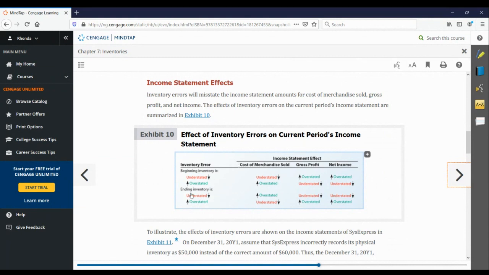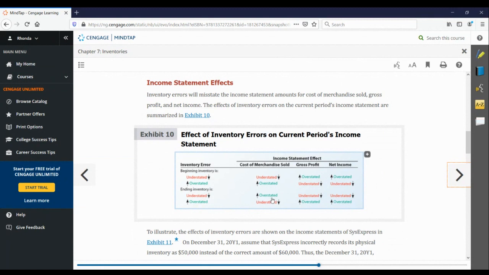Let's take, for example, ending inventory, because we've talked a lot about our ending inventory. If our ending inventory is counted wrong and it's understated, what will happen is the cost of merchandise sold will be opposite of that. It will be overstated. Cost of merchandise sold affects the income statement.